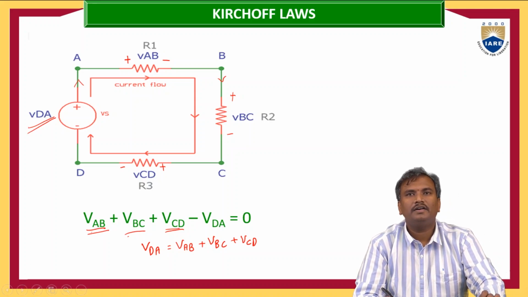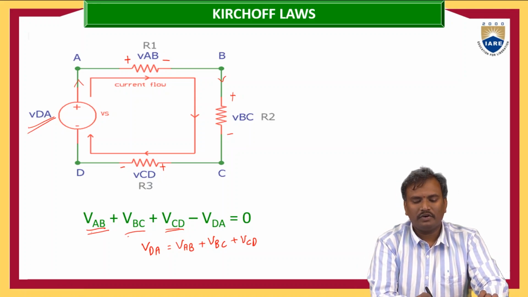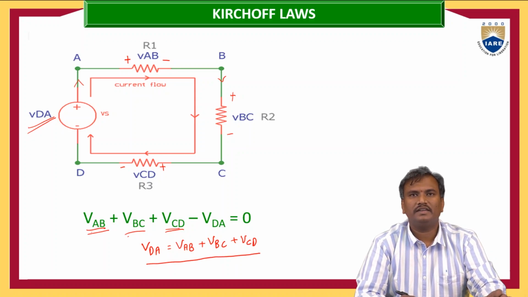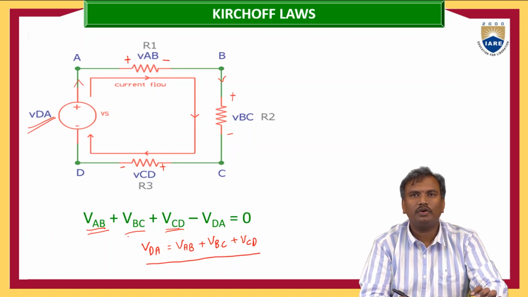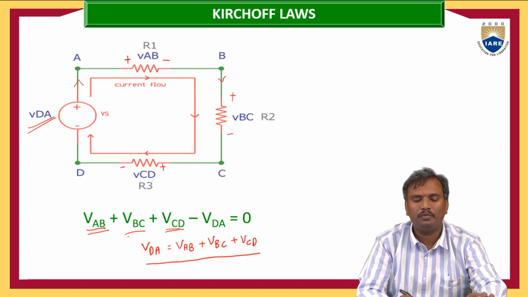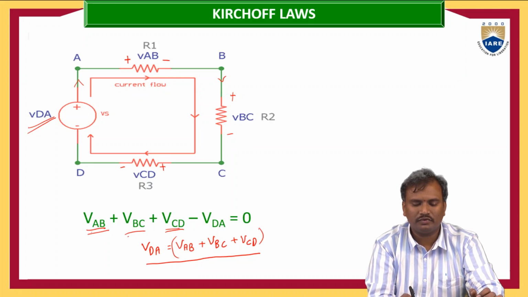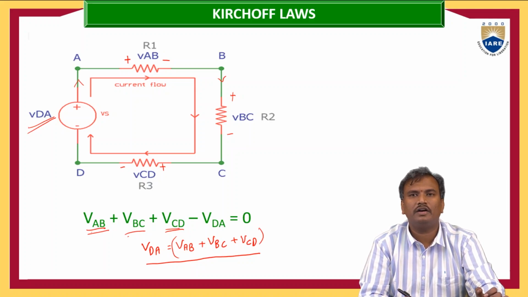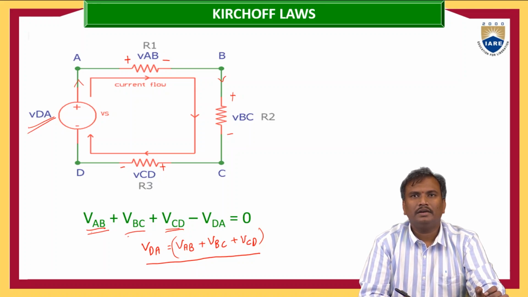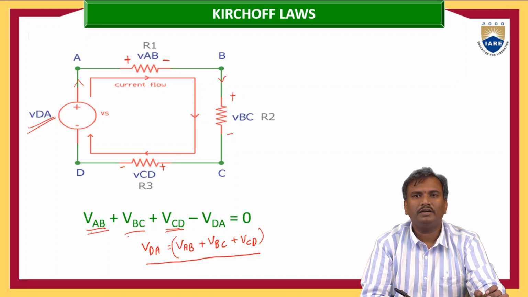This is the KVL equation. From this equation, we can say that the source voltage should be equal to the voltage drops across the resistors. This is the way we are going to write the KVL equation for any given circuit.